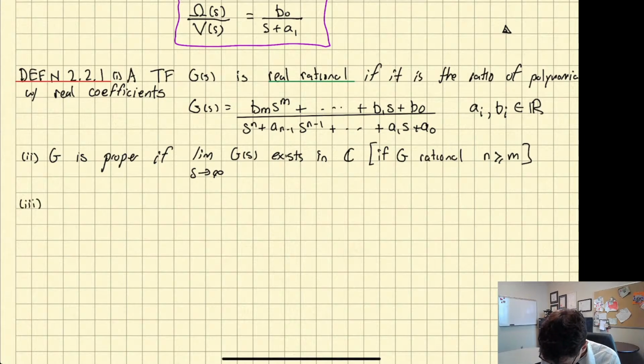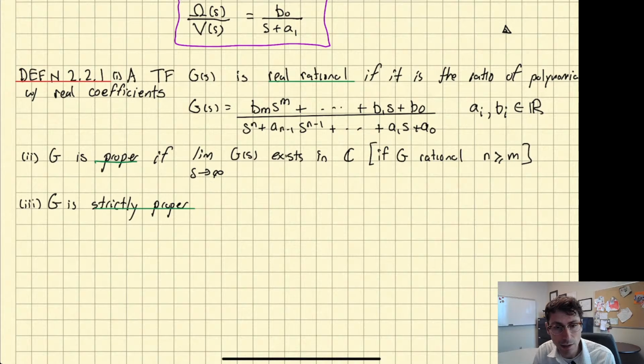3, G is strictly proper if, when you take the limit as s gets large, you get 0.